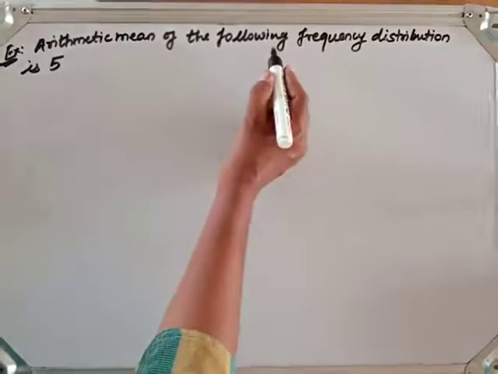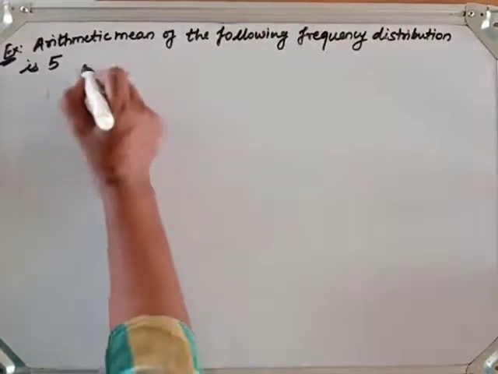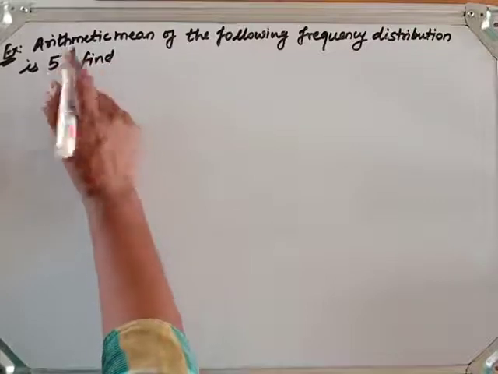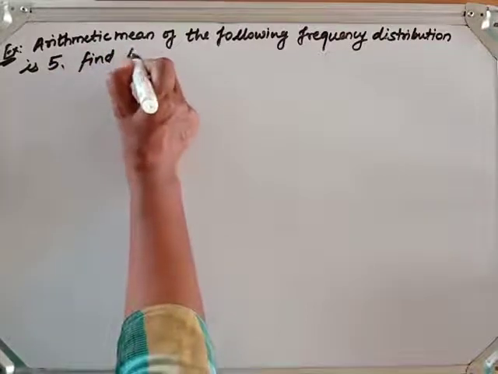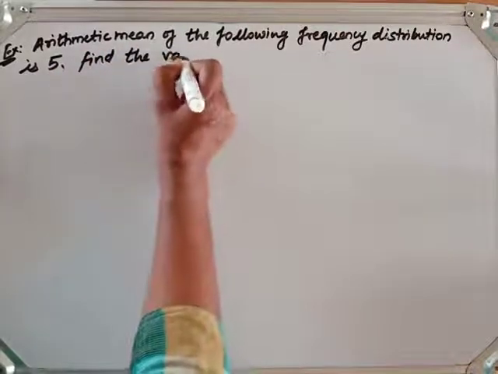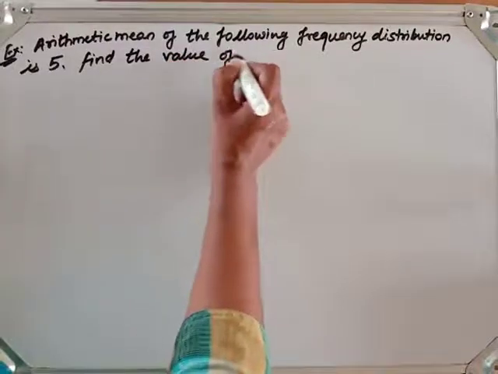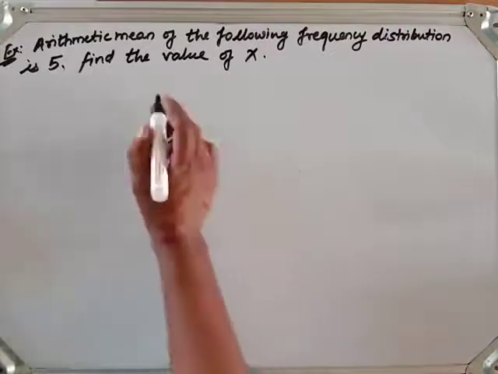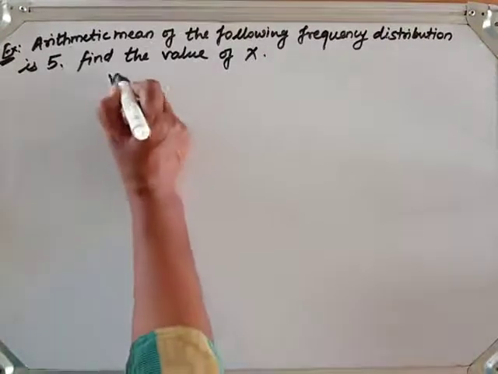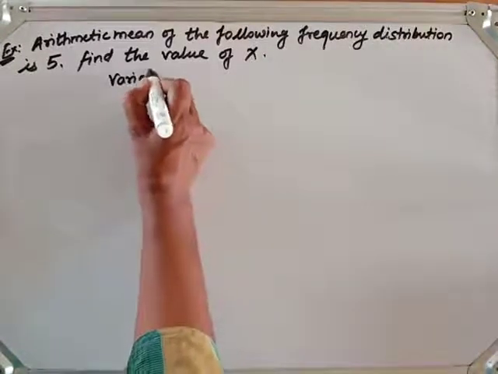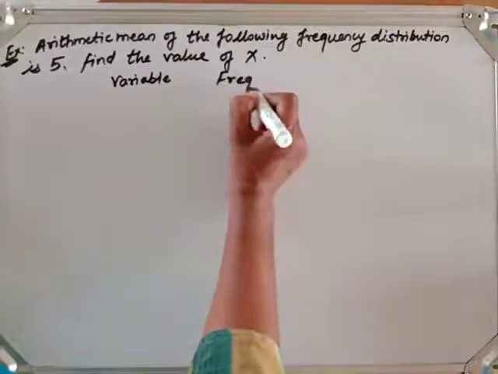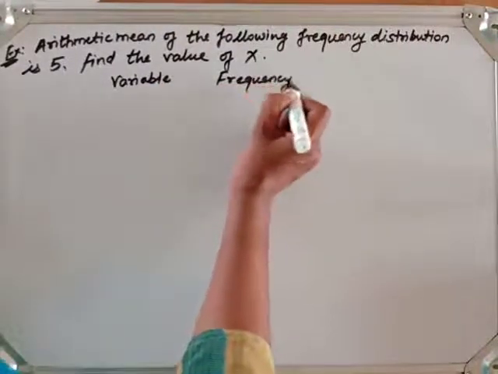Means here the arithmetic mean is given to us. Find the value of x. Some x is unknown in the table. Let us see the table. The table has the variable and the frequency.